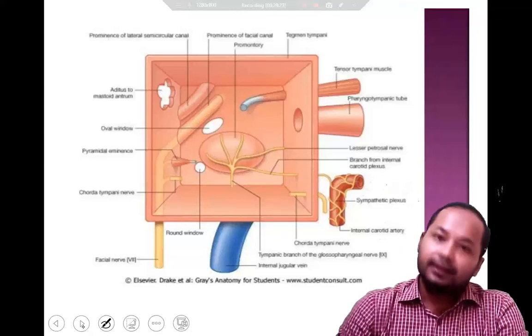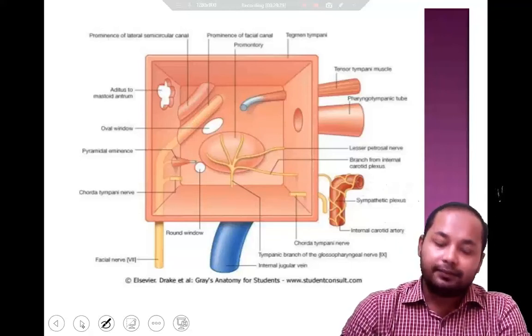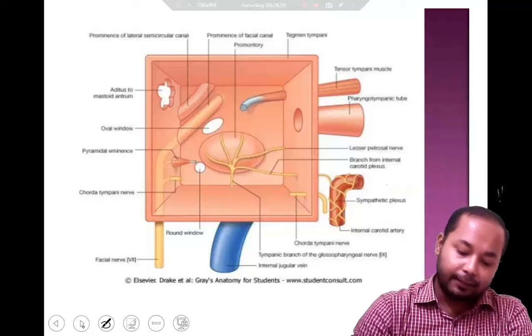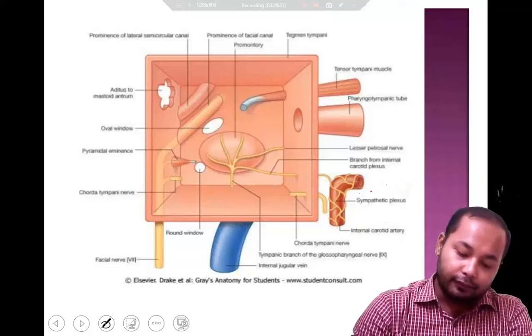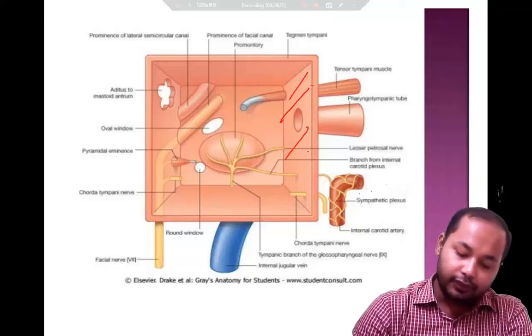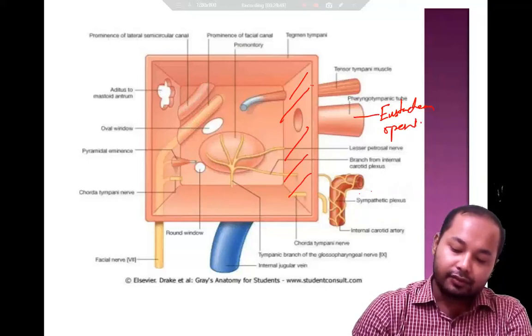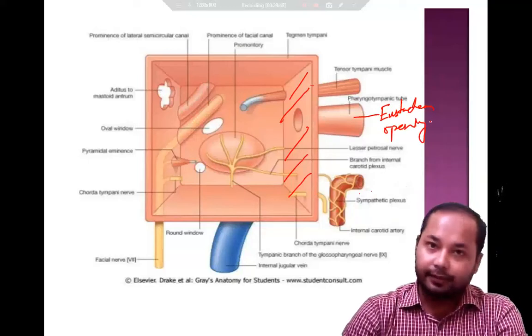If you schematically draw the middle ear as a cube, from the anterior aspect you have the pharyngotympanic tube, which I have called the eustachian tube. So the opening of the eustachian tube is in the anterior part.